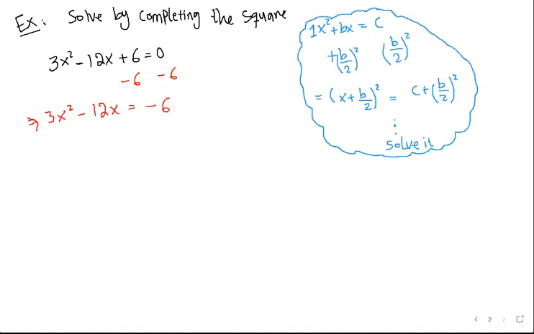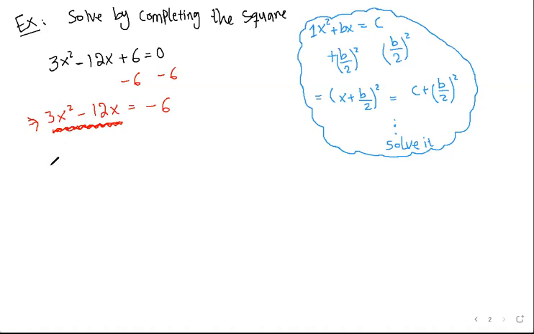Just fill it in. So now 3x squared minus 12x equals minus 6. How can we make the coefficient of x squared equal 1? We divide everything by 3. But before dividing everything by 3, we have to factor this one. This means I make the coefficient of x squared equal 1 by factoring.